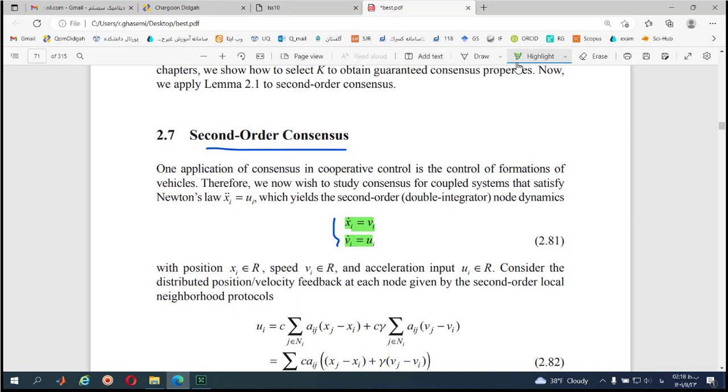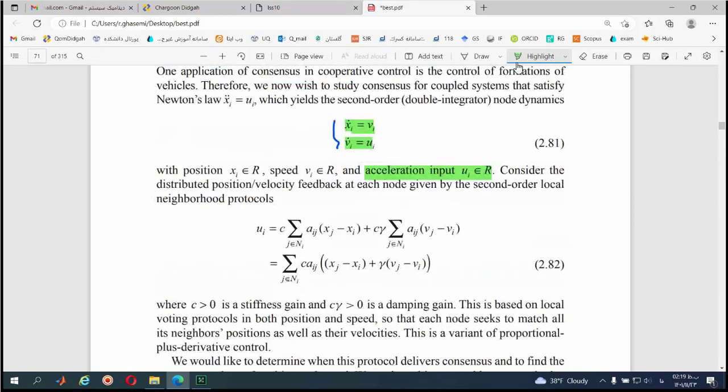X is location, the place, for example, the place of the robot. V is the velocity of the robot. V dot is the acceleration of the robot.